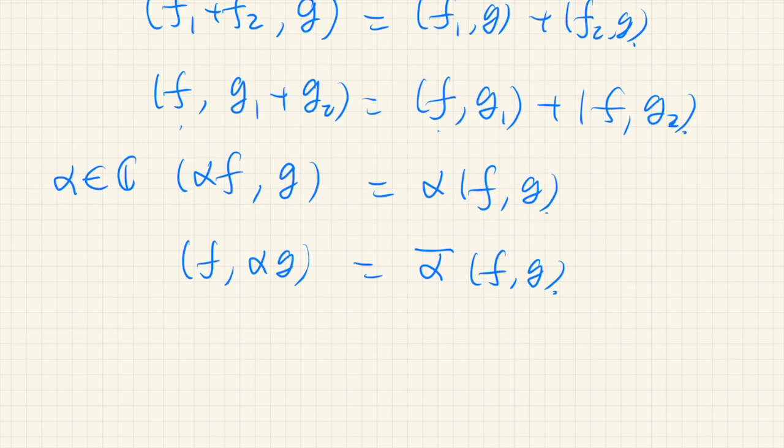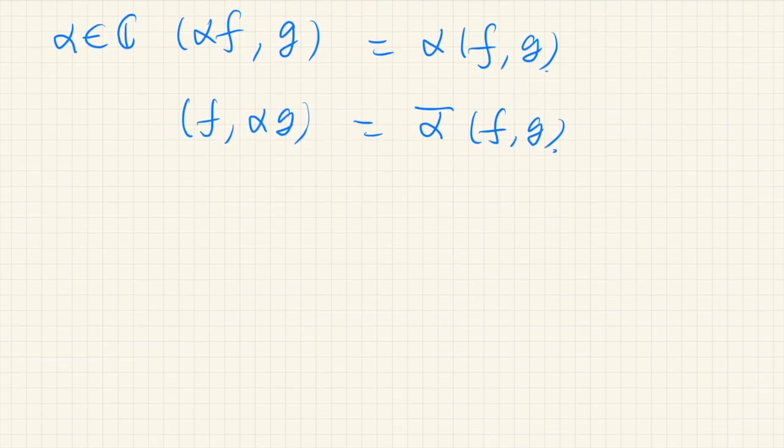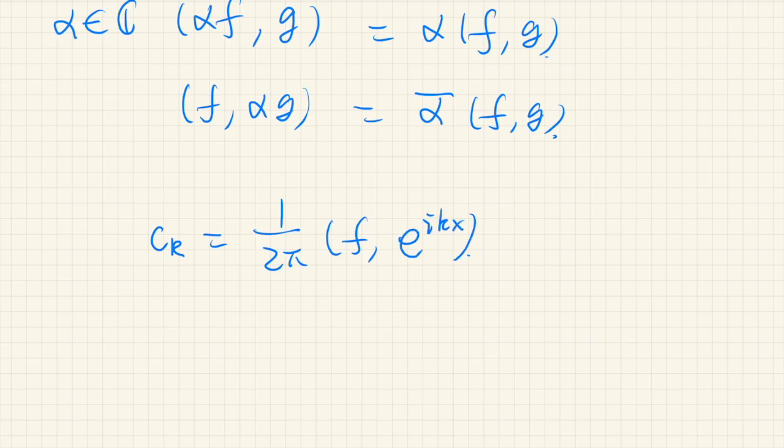If we use this inner product, the Fourier coefficient of a function f can be expressed very concisely. The Fourier coefficient ck of function f is 1 over 2 pi times the inner product of f and exponential of i kx.